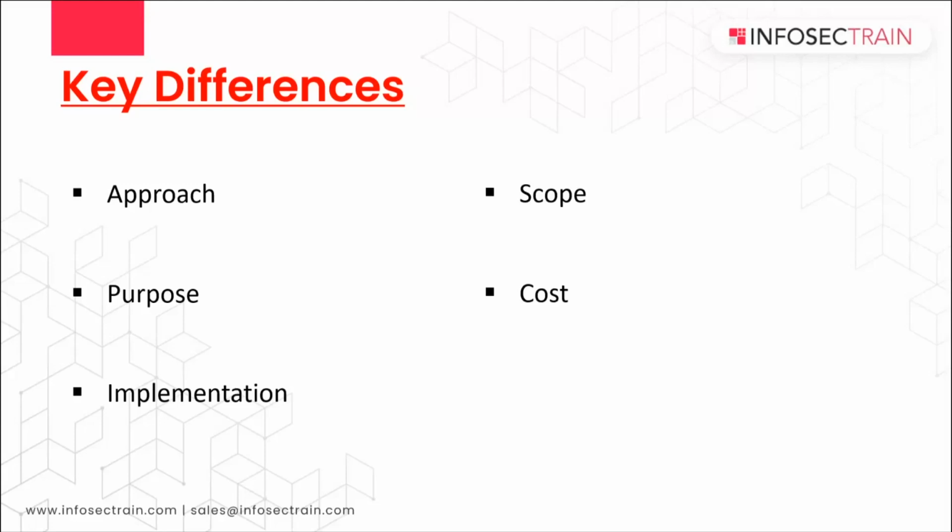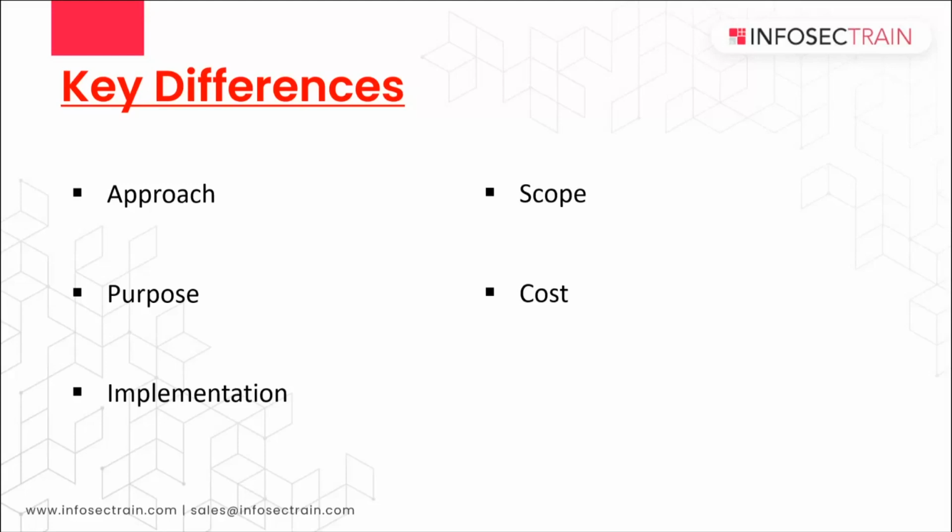But redundant systems can be less expensive to implement, as they often involve deploying duplicate components or systems that are less specialized and easier to procure.